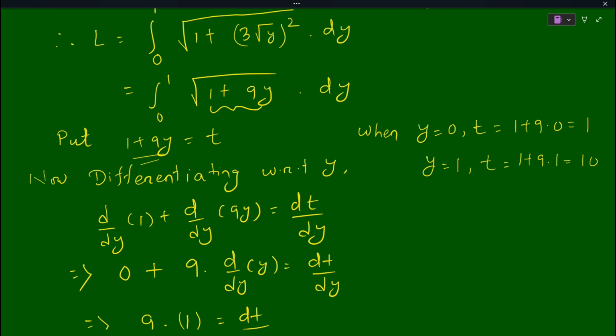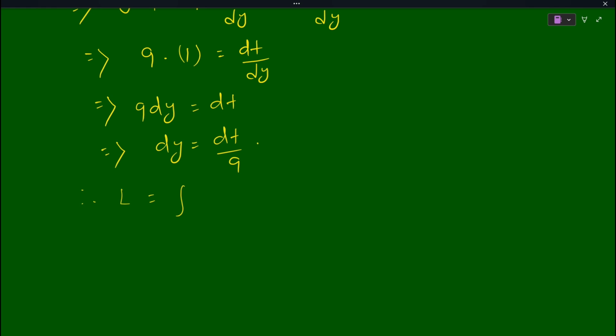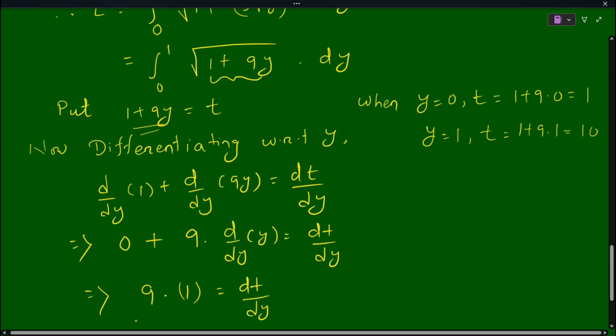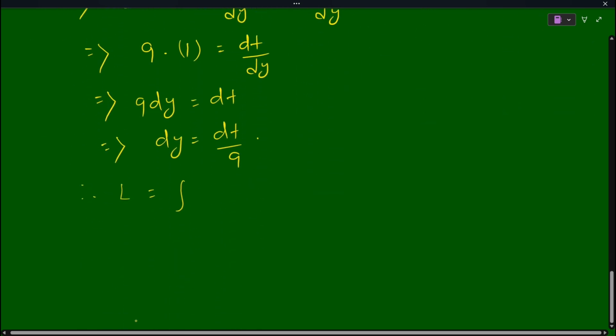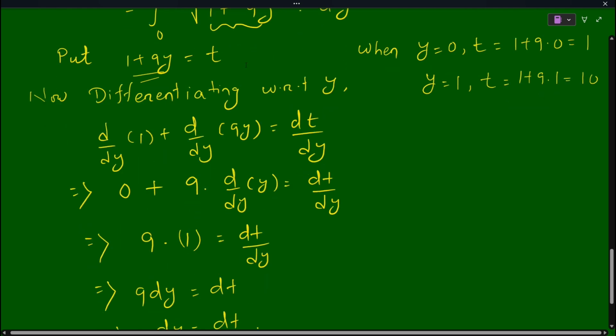Okay, so now let's substitute again. So what will be the value of L? Here first put the limiting values. The limiting values are of t, so t is ranging from 1 to 10. So the integration is from 1 to 10. Then let's see the integration again. Here root over 1 plus 9y is equal to t, so the inside value is root t.